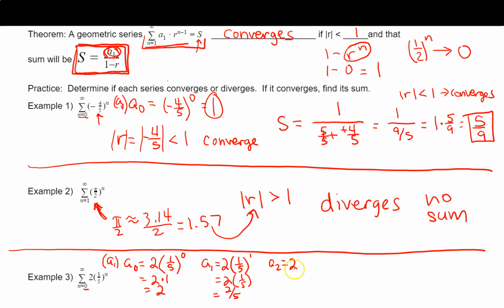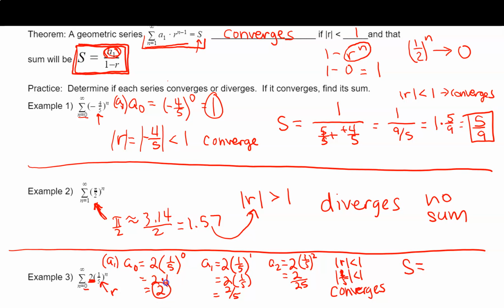We're going to take 2 times 1/5 to the second, which would be 2 over 25. It looks like we have this common 2, that's this 2. And then we're taking 1/5, 1/5, 1/5. So 1/5 looks like our r. And since the absolute value of r is less than 1, we would say this converges. And since it converges, we can find a sum.